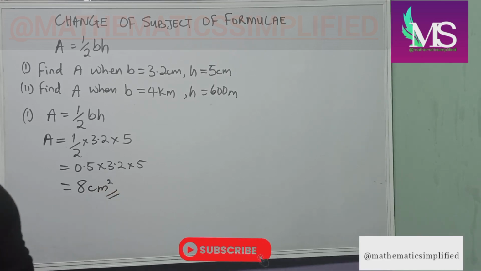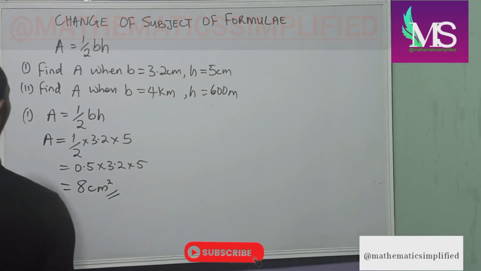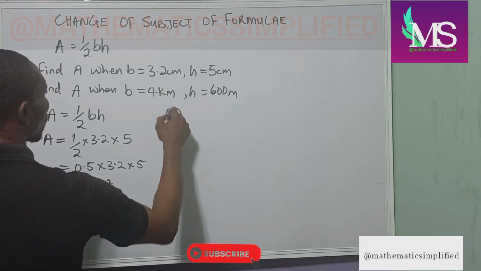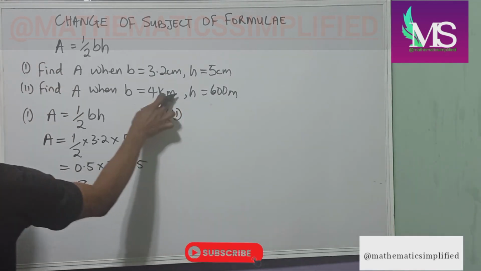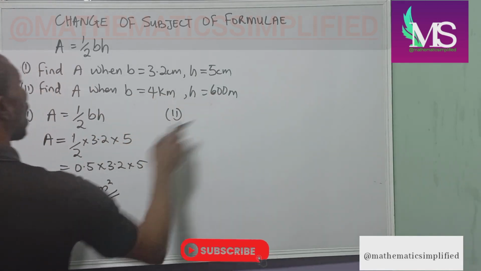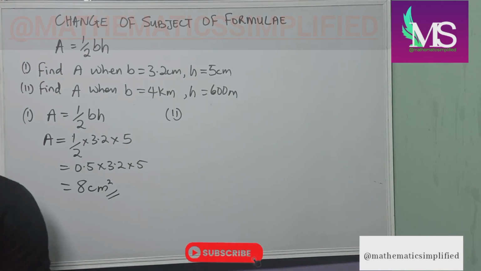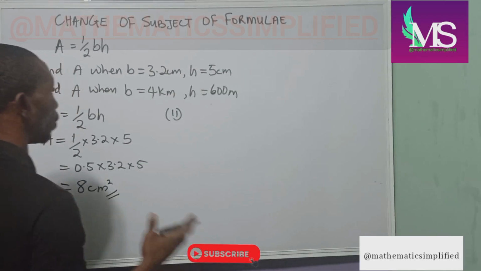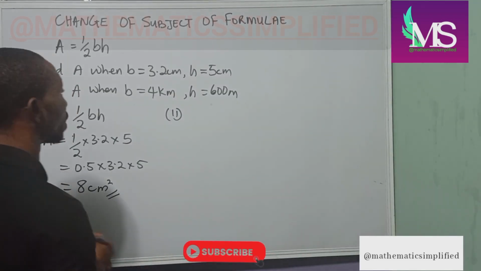So the area will be 8 centimeter square. Now for question 2, note that our base is in kilometers and our height is in meters. So we can't work with it this way. We have to bring them to common terms.